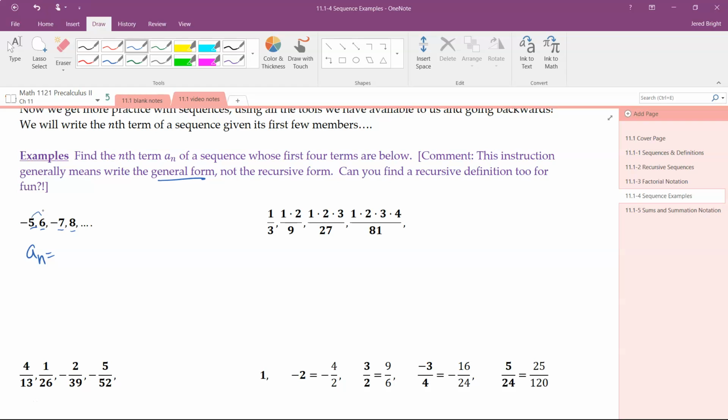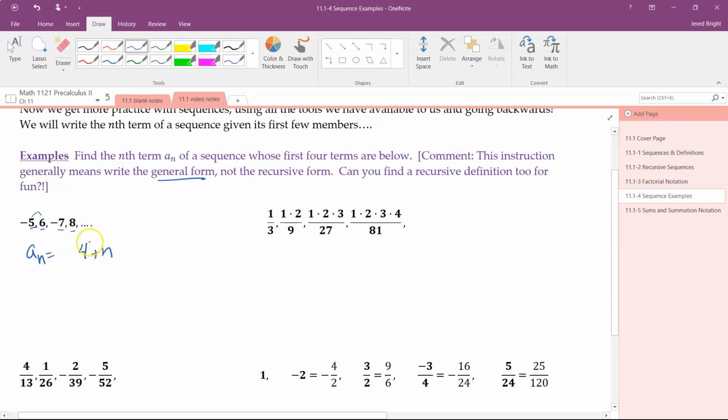But there's also this alternating factor. What I'm imagining is that my first term starts at 5, and then I add n. But wait, 5 plus n, if n is 1, that would be 6. So I actually need to start at 4.